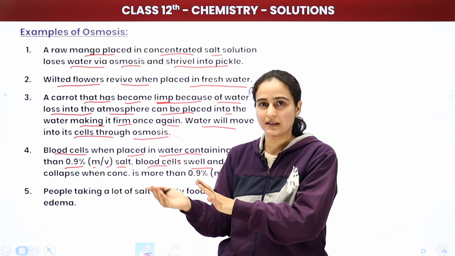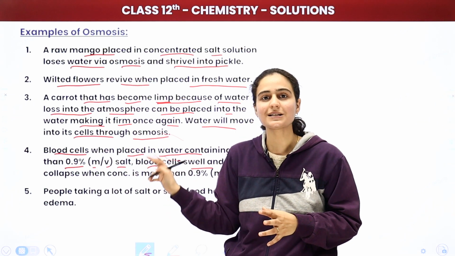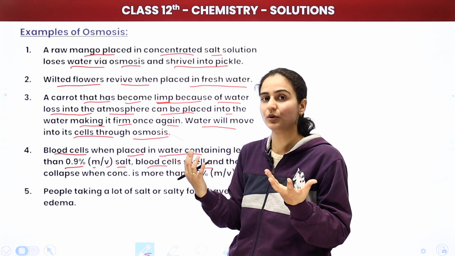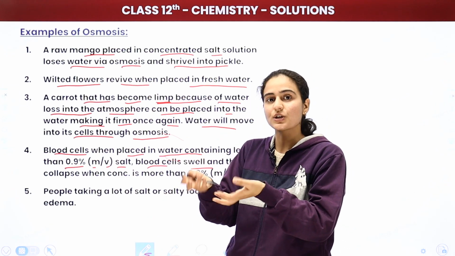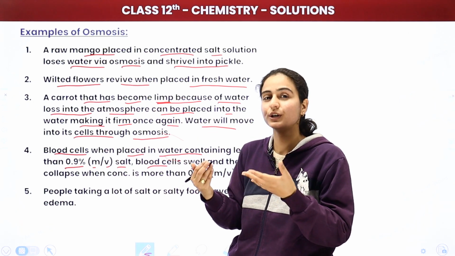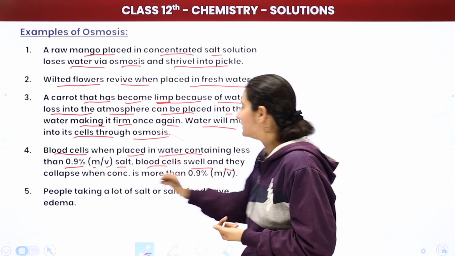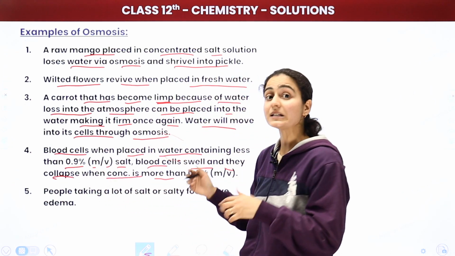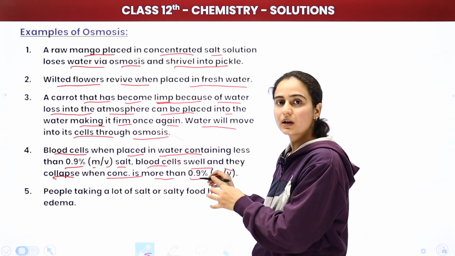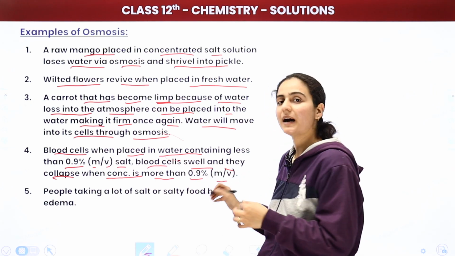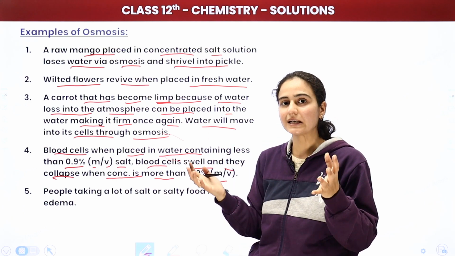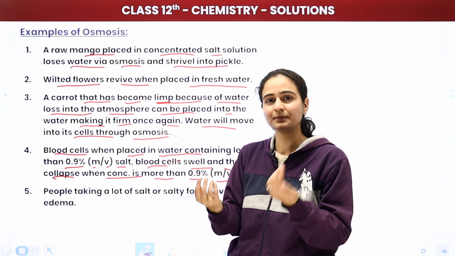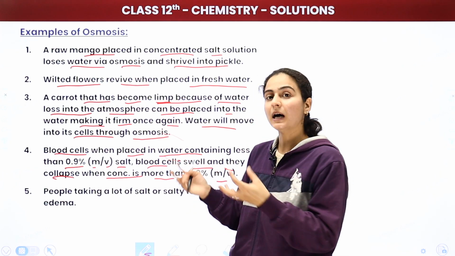That's why we are taking 0.9 as a kind of standard here, right? So they will swell up because water will move from lower concentration to higher concentration. And they collapse, that is, they shrink again when the concentration is higher, then 0.9% m by v, mass by volume. So outside the concentration is higher, inside the cells it is lower, so again what will happen? They will shrink.